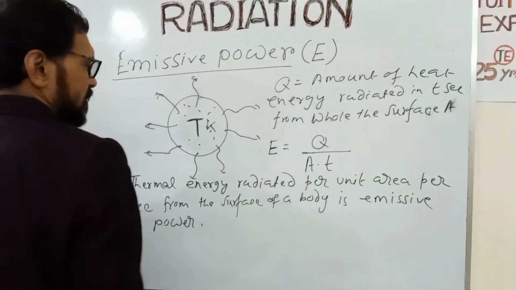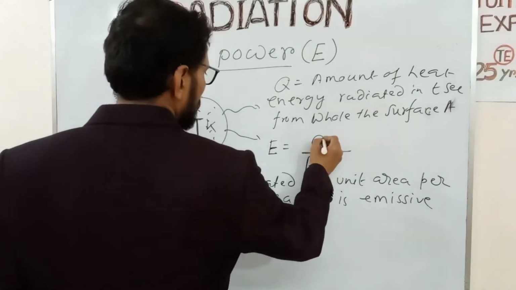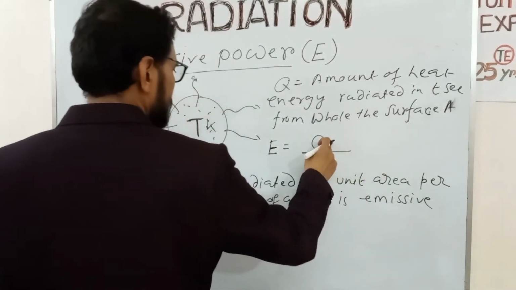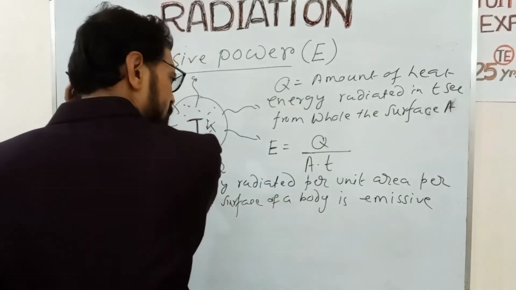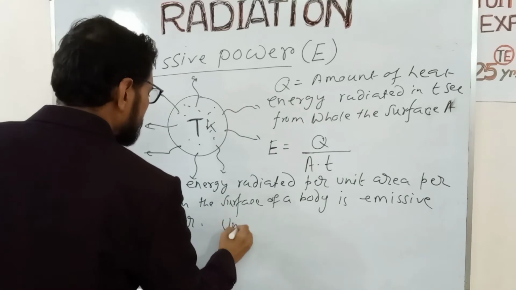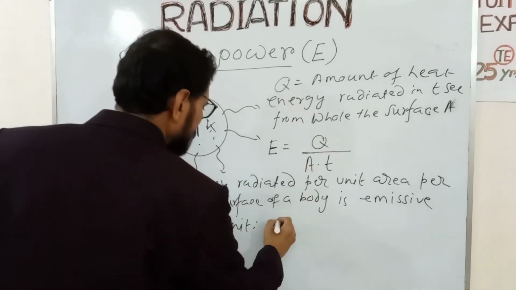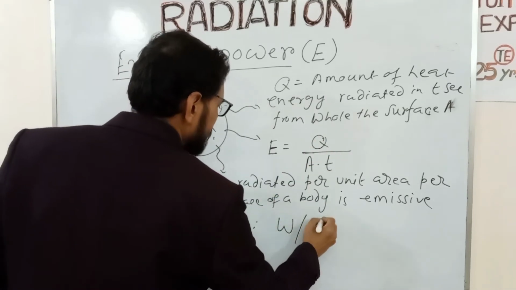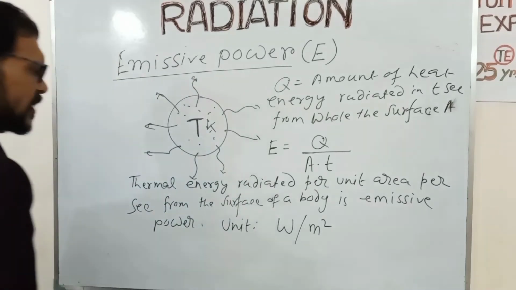So the unit of Q in SI is joule, and area is meter square, so the unit will be joule per second per meter square, that is watt per meter square.